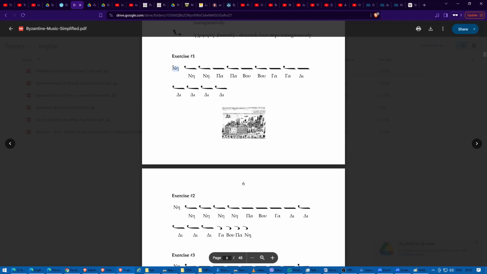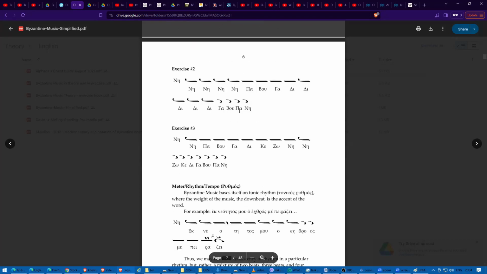For example, here it gives us the first note, and it tells us that it's ni. We don't sing this one. We sing from this part here. So if that part was not ison, but oligon, would we start with pa? Yes, we start with pa.